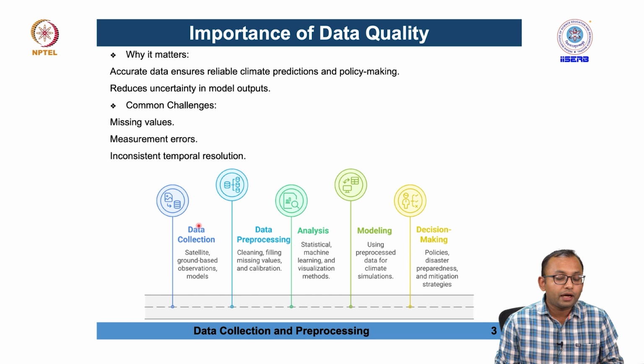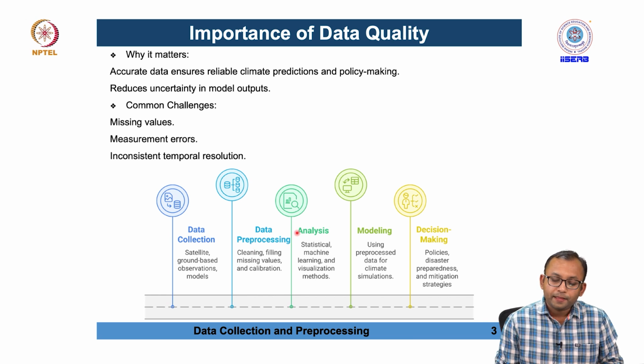So overall, when we are talking about the importance of data quality, we are looking at data collection, where we analyze the data collection processes, whether it is based on satellite, ground observation, or some sort of modeling or reanalysis product. Then we are talking about data pre-processing, basically cleaning or filling the missing values and calibrating, checking whether we have filled the correct value, or whether it matches the historical record or not.